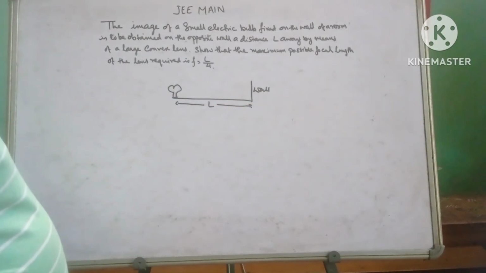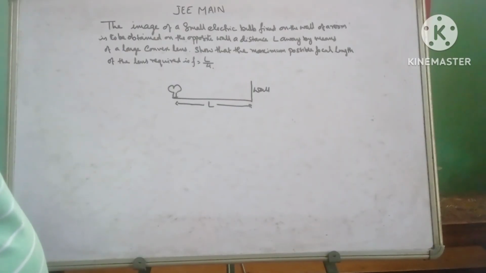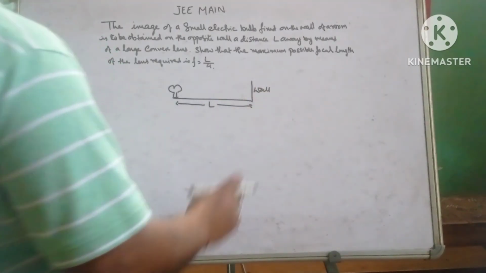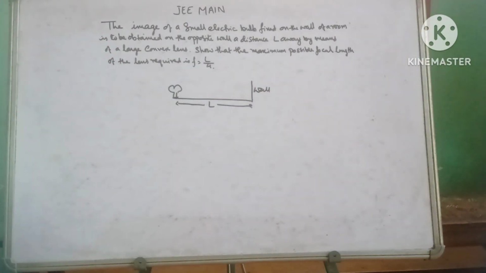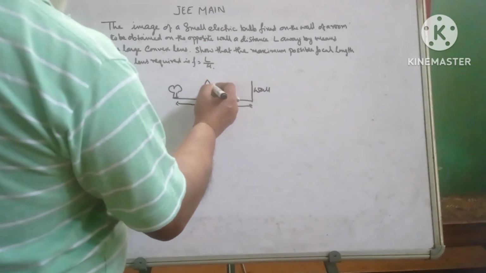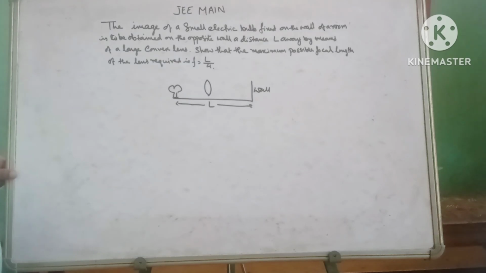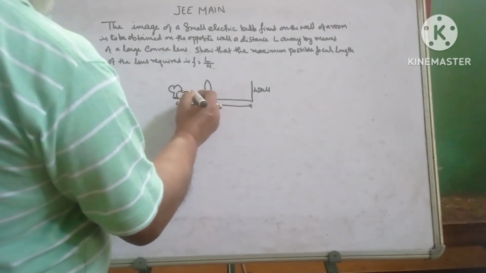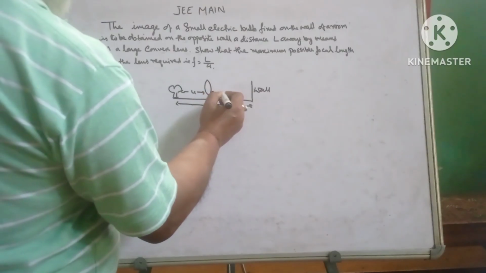The image of this bulb must be obtained on this wall, so the maximum possible focal length of the lens required is asked. Here you have kept a lens.